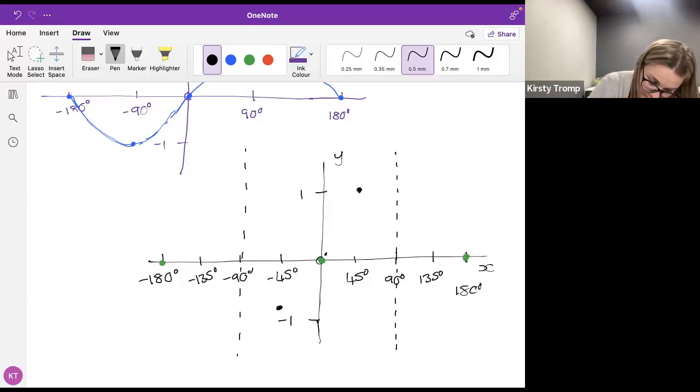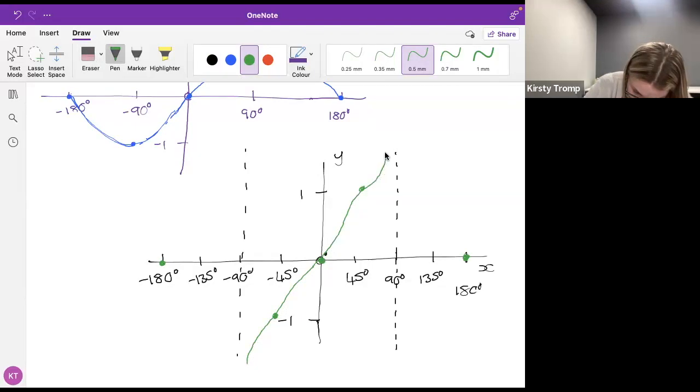So now this one, let's go put this in the right color that we had him in here. We had him in green. So this graph looks kind of weird. He's never, ever going to touch this asymptote. He's going to go through negative 1, onto 0, through 1, and never, ever touch that asymptote.